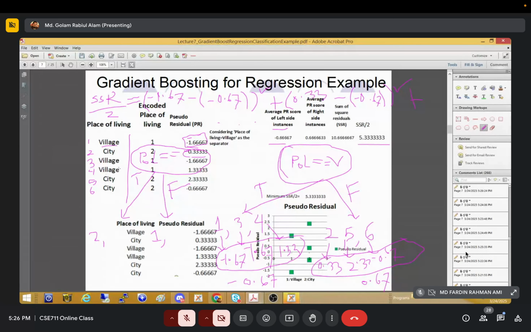And then three is village, is it city? No, so three will be in the false side. Four is also village, so four will be in the false side. And then five is city, so it will be in the true side. And then six is city, that will also be in our true side.